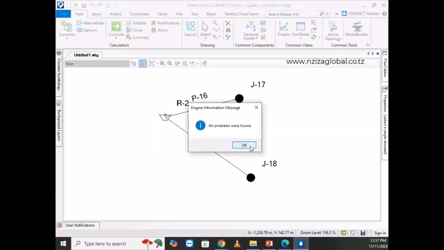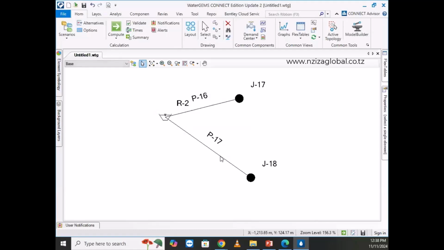Is it validating, yes or no? Is it validating? You just do a network like this one I did, not that one. This one I did. The small one. The reservoir and the junction.